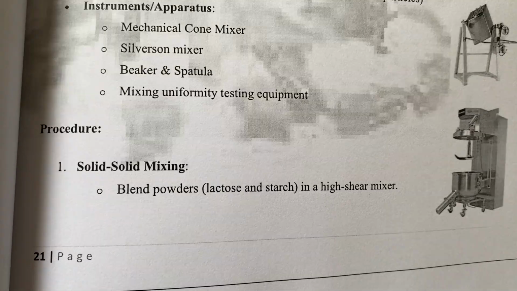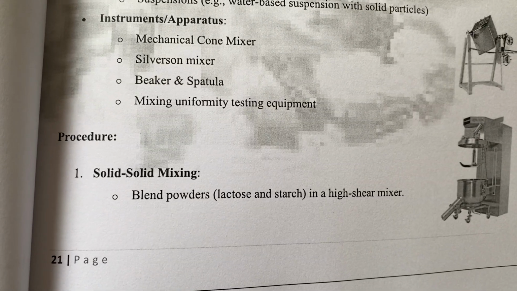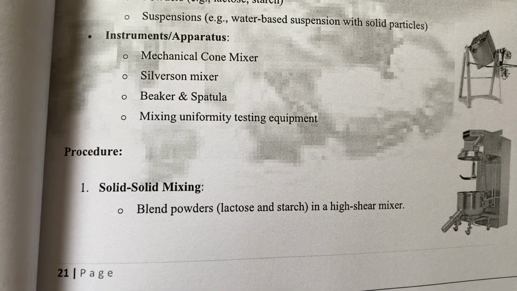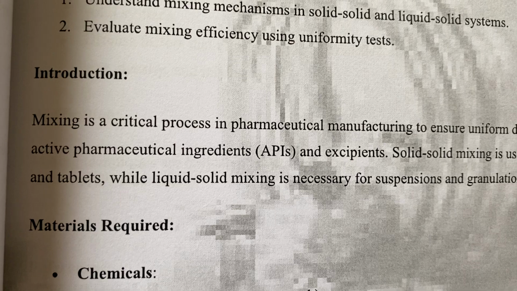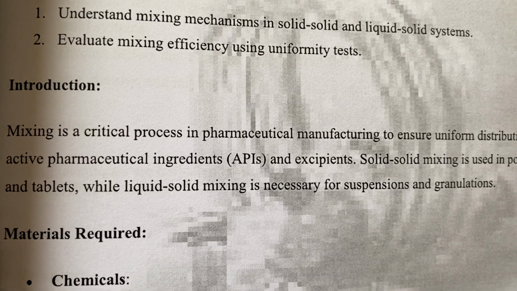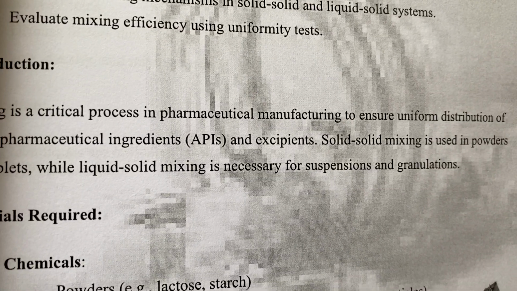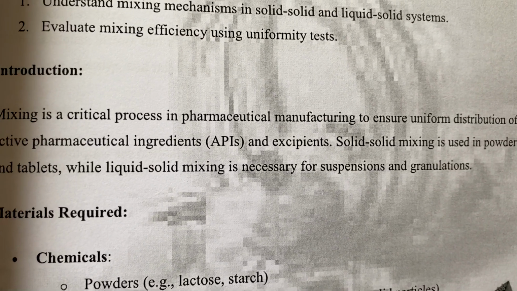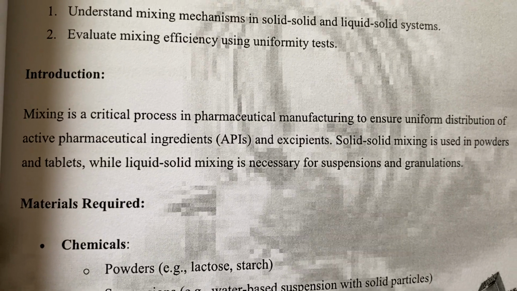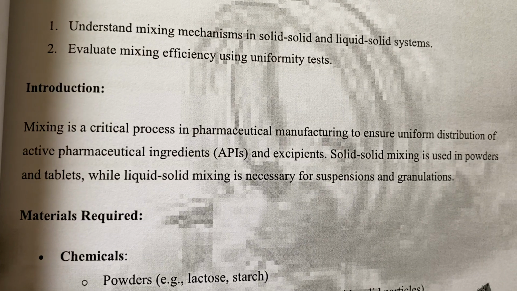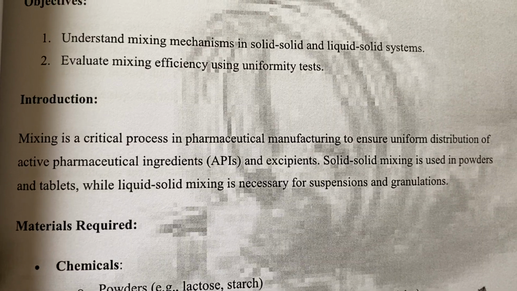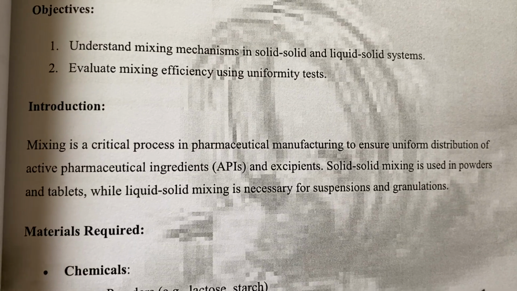Procedure: solid into solid mixing. Blend powders, lactose and starch, in a high shear mixer. Mixing is a critical process in pharmaceutical manufacturing to ensure uniform distribution of active pharmaceutical ingredients, which are known as APIs, and excipients.